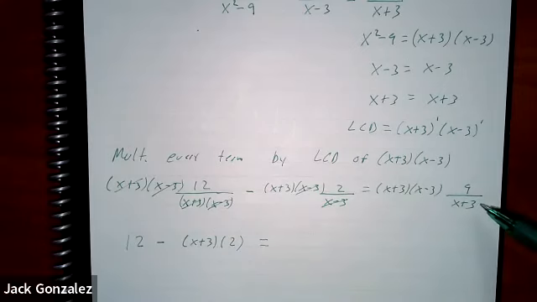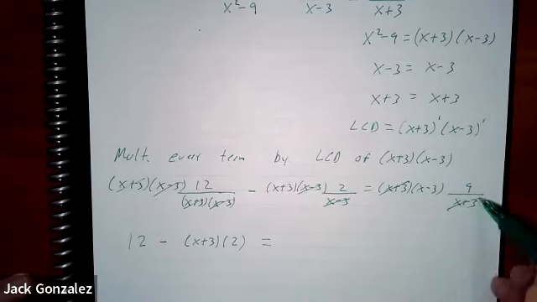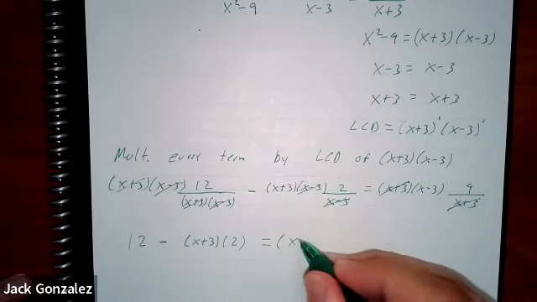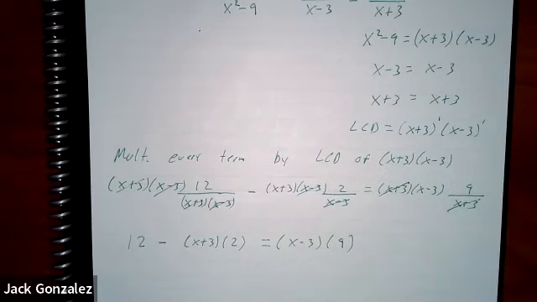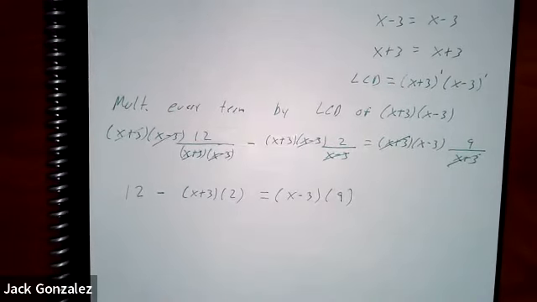On the other side, you see that the X plus 3's cancel. No more fractions. That's the goal. At this point, solve for X, just like before.